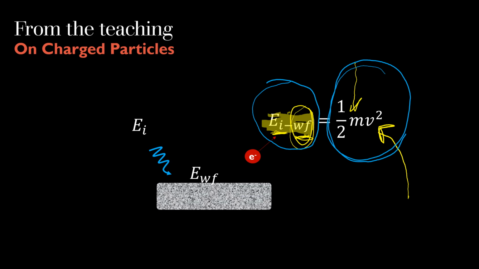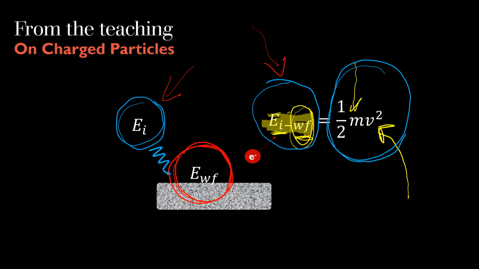But we're also told what the photon's energy was. So if we know the photon's energy and we know this, then it should just be a simple subtraction to figure out the work function of the metal bar. And that's exactly what we have to do. There are a few steps to do here, but we should get to the answer.